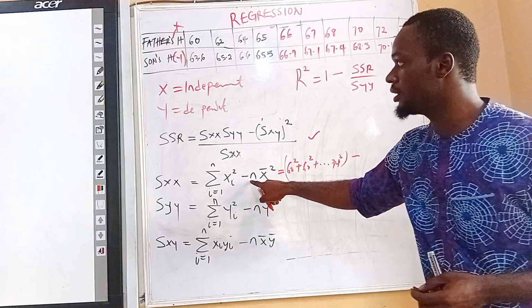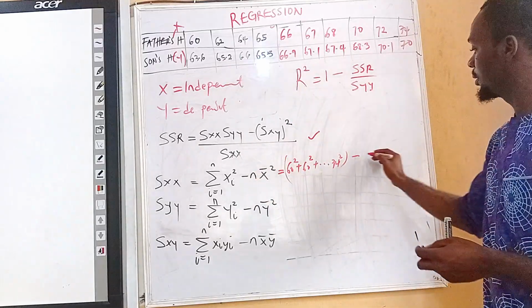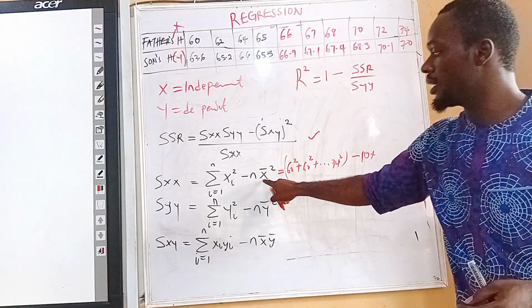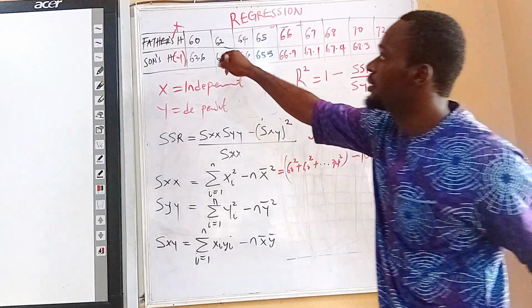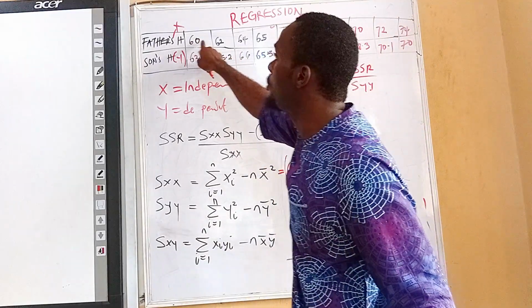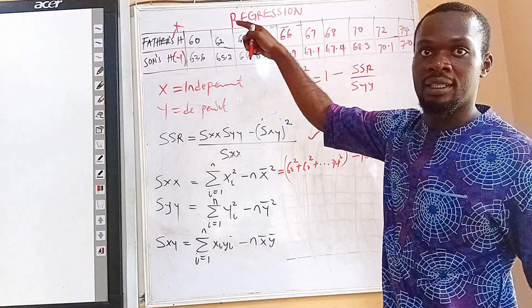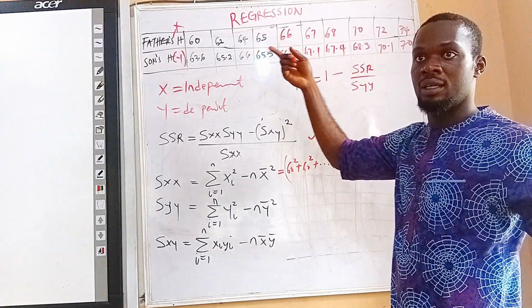Minus n, the number, they are 10 in number, times the square of the mean of X. The mean is you sum everything, divide by 10, then you take the square.